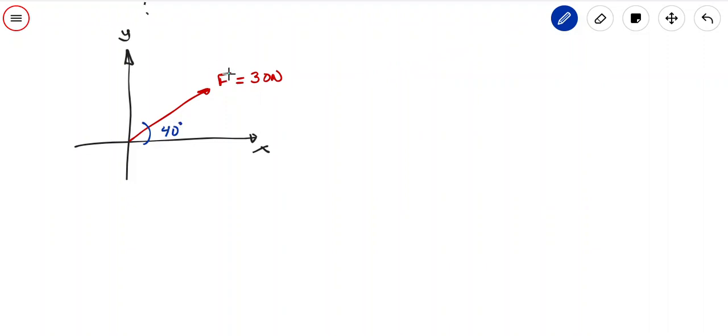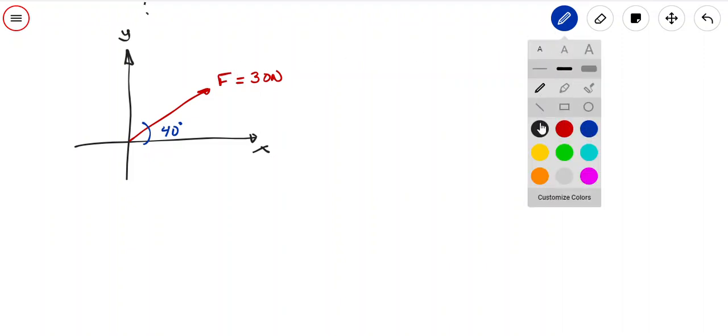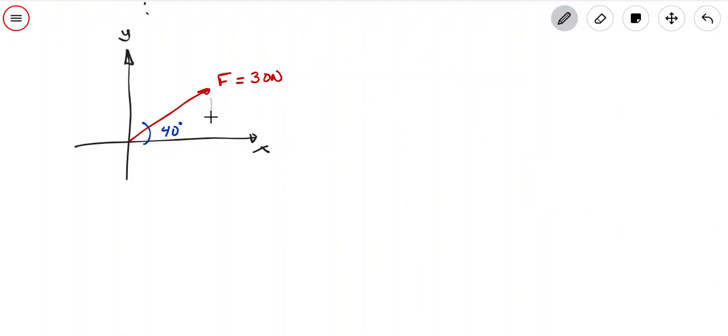I know that if I make a projection of this vector on the x and y axis, I will have then the x and the y components of the vector.